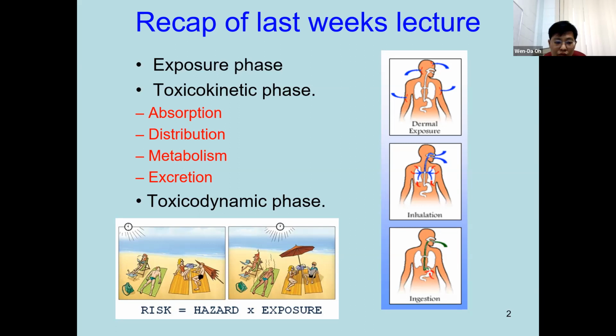And in the last lecture, we looked into toxicodynamics, whereby we look into all these different kinds of toxicity on our different organs. For example, we have hepatotoxicity, neurotoxicity, dermatotoxicity.